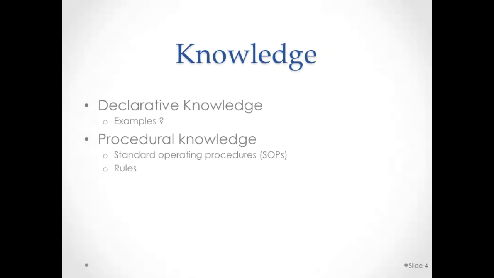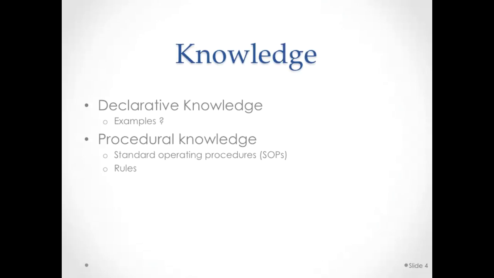Procedural knowledge is a little different: processes, how you do things, sequence of events, logic conditions that might apply and when they might apply. And thus the bifurcation of knowledge into declarative versus procedural knowledge.